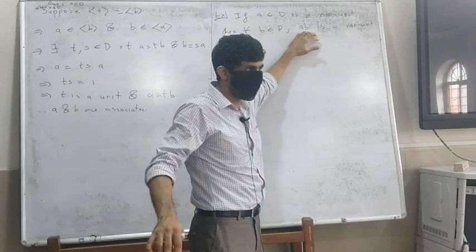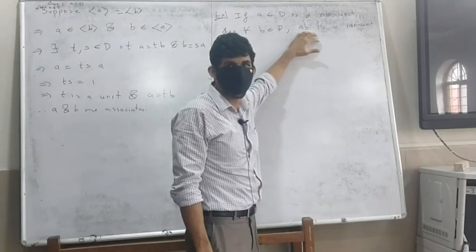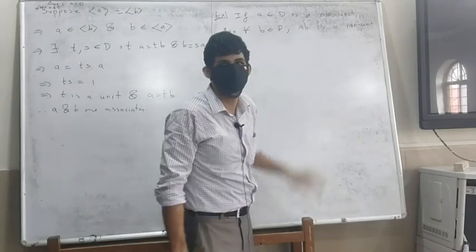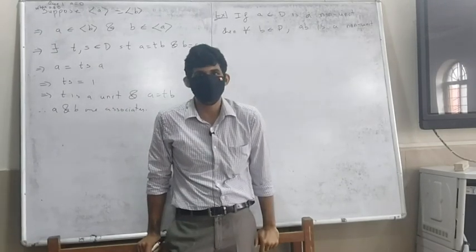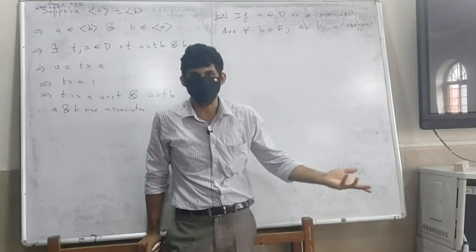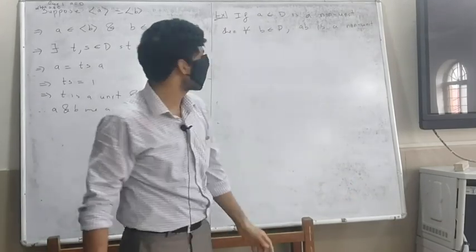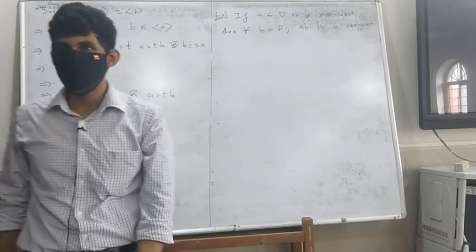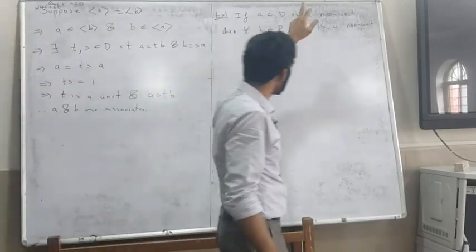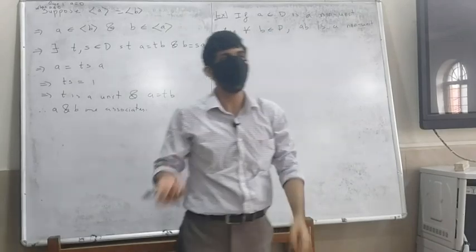So ABx is 1. Now can you find the inverse for A? ABx is 1. So what will be the inverse of A? Bx. You got the inverse. That's a contradiction.